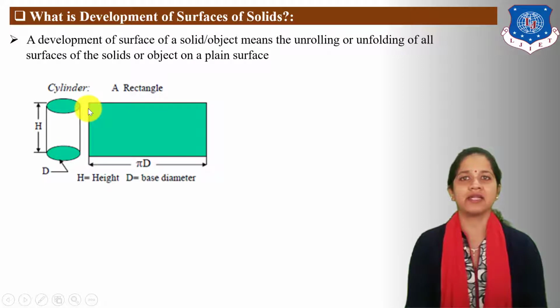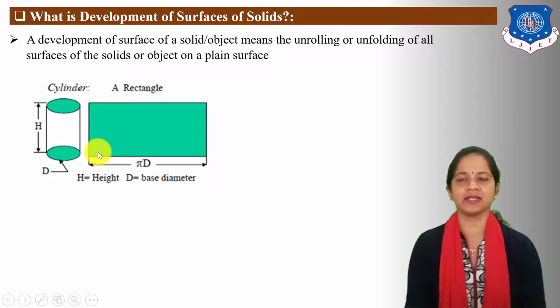So, in development, the cylinder is unfolded or unrolled from one of its generators. The height of the rectangle is equal to the height of the cylinder, and the length of the rectangle is equal to the circumference of the base circle or top face circle. Both are the same, which is pi d or 2 pi r.